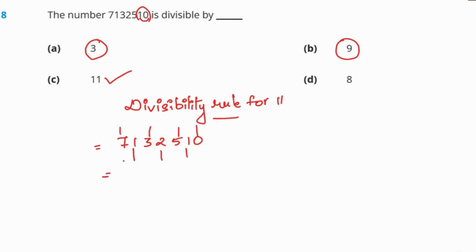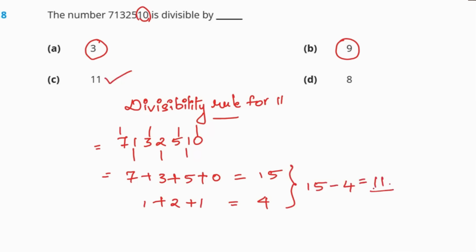So here I am adding all the odd place digits: 7 plus 3 plus 5 plus 0. So I get 15. And the even side: 1 plus 2 plus 1, so I get 4. So 15 minus 4 is 11.